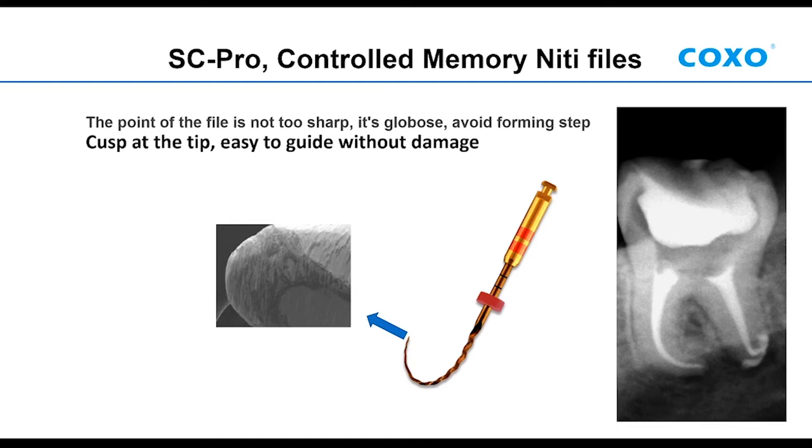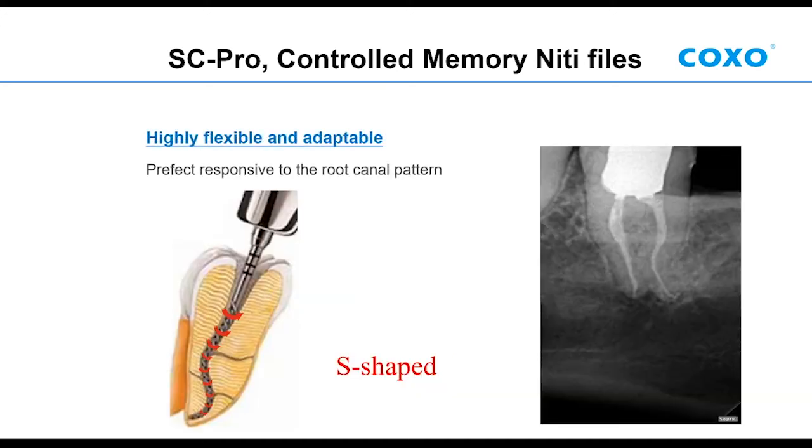If it is like a triangle, going inside is very fast and it is easy to make a ledge in the root canal. Then it will be very troublesome for the dentist. That's why we make a special design at the top of the endofile, a little round.